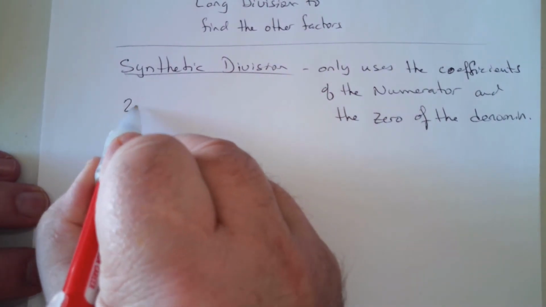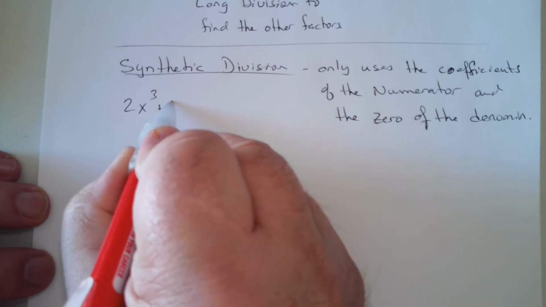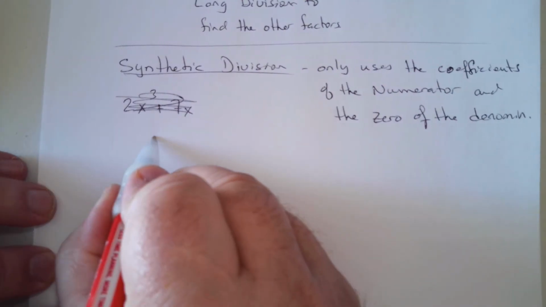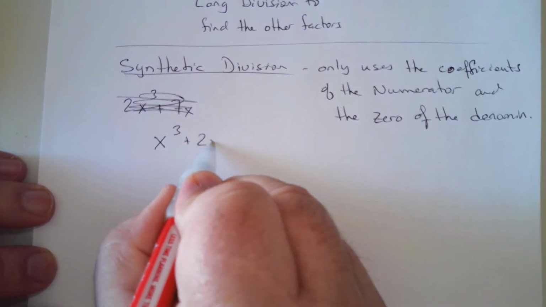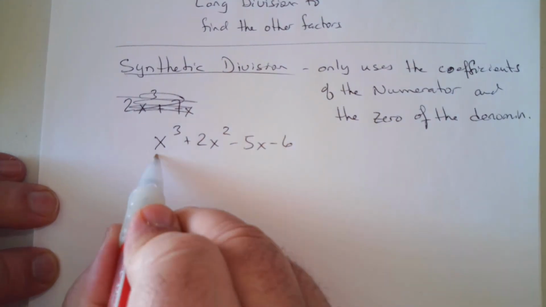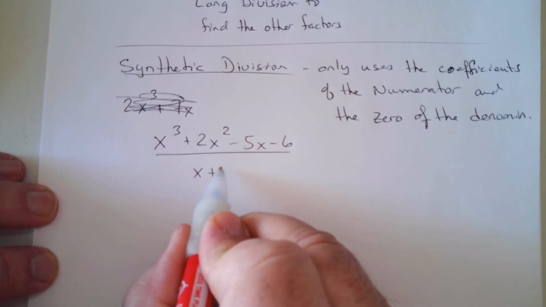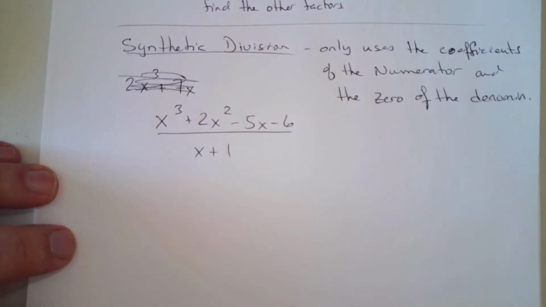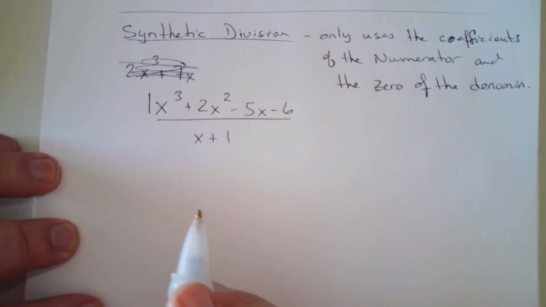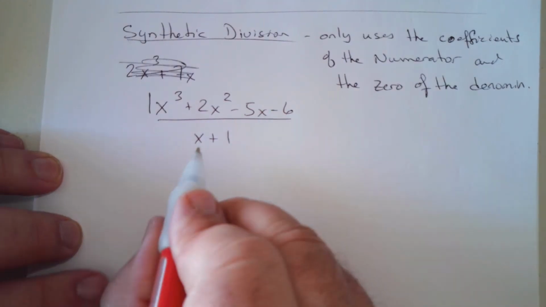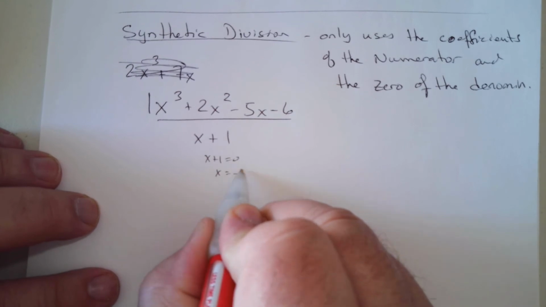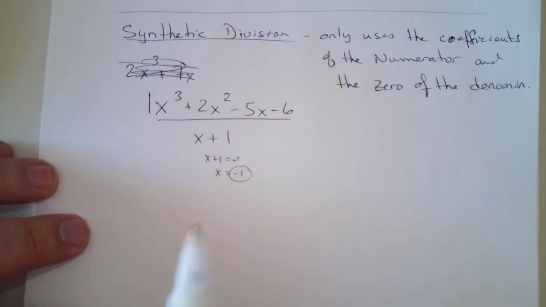So let's look at this example, 2x cubed plus 7. Actually, before we do this one, let's look at the one we just did, since we know what's supposed to happen. So remember, the coefficients of the numerator, and take the 0. So the 0 of the bottom is -1. I'll use this value and the coefficients.